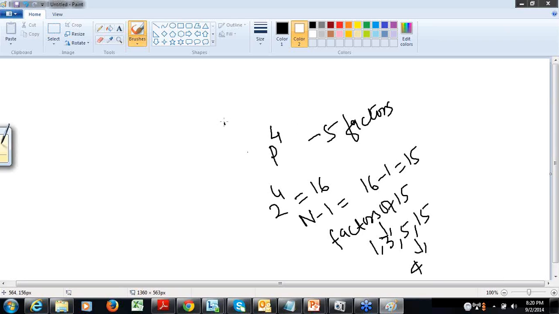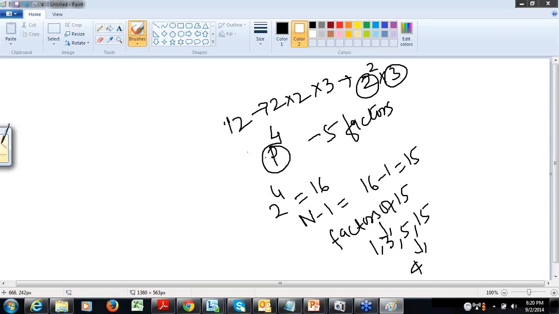See, if you are writing 12, so 12 is written how? 2 into 2 into 3. So it is actually 2 to the power 2 into 3. So this is a prime number, this is a prime number. So here this will always be a prime number when you are finding the number of factors. Okay, Rishabh, I think you got this.